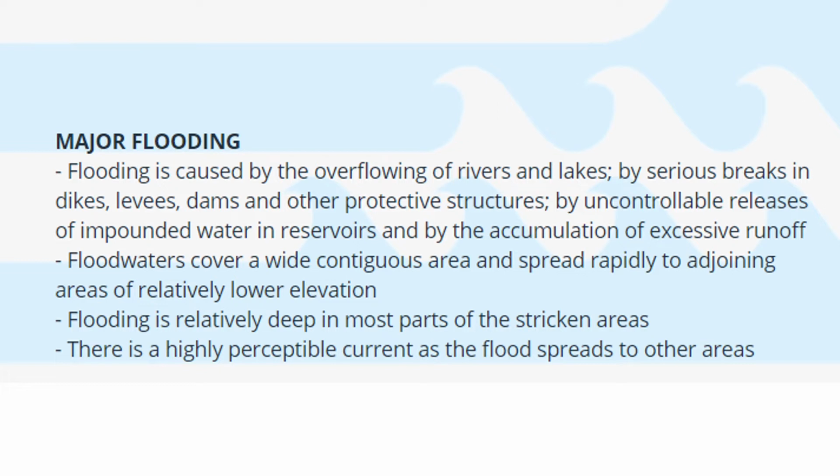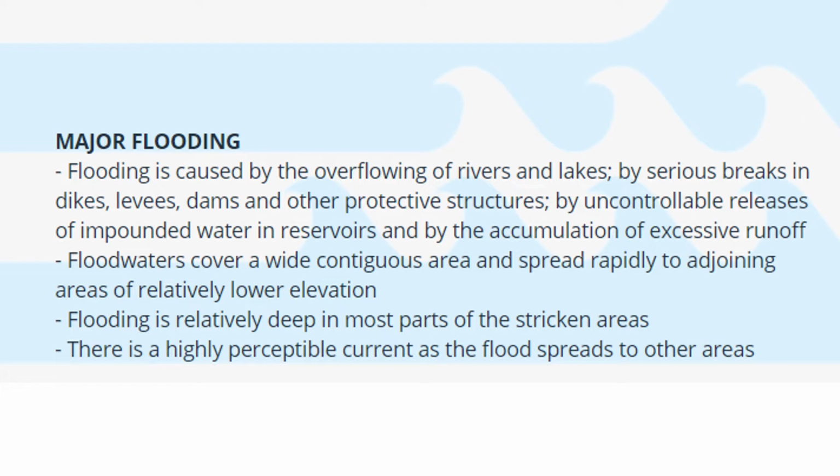When it comes to major flooding, there is a change in terms of the amount of water. Floodwaters cover a wide contiguous area and spread rapidly to adjoining areas of relatively lower elevation. Flooding is relatively deep in most parts of the stricken areas, and there is a highly perceptible current as the flood spreads to other areas.